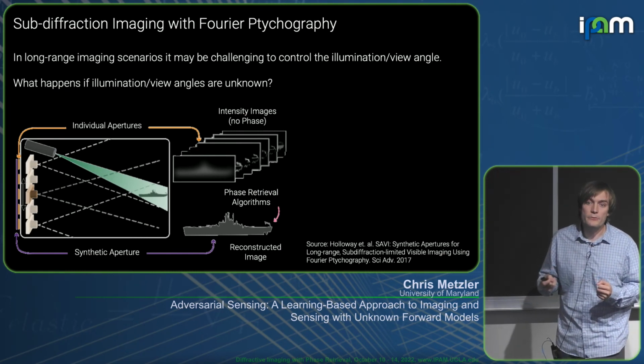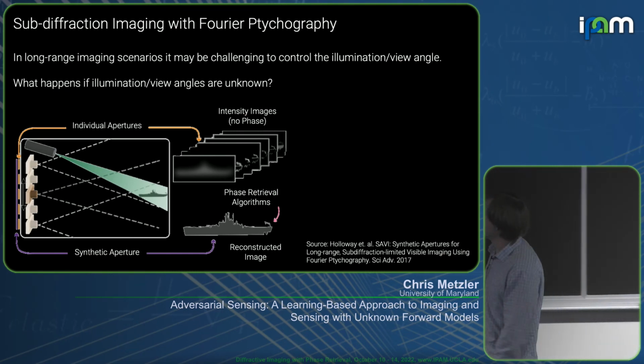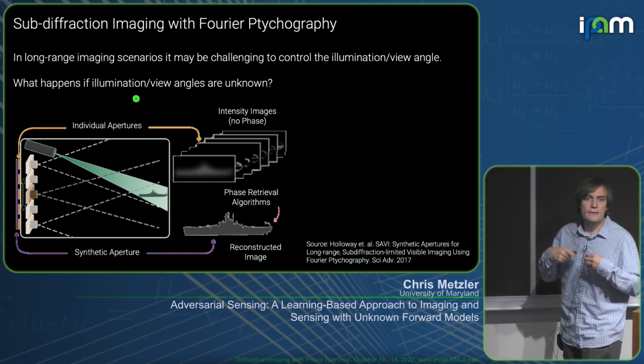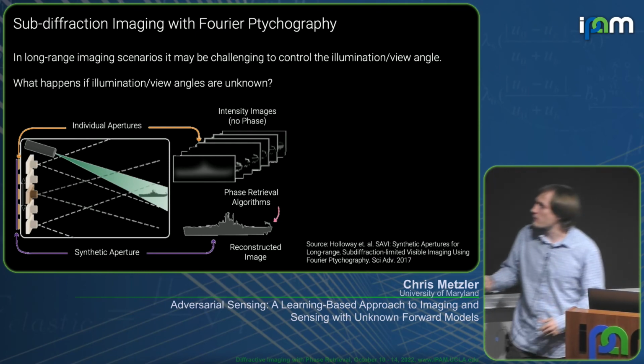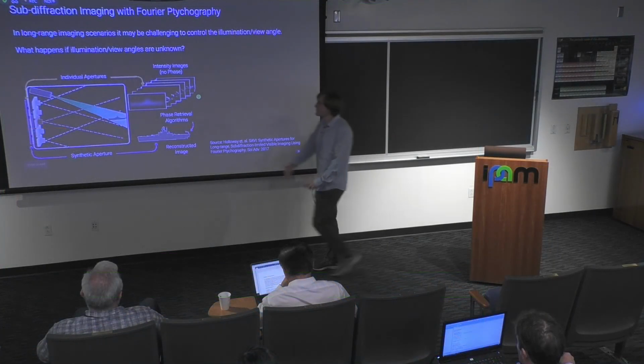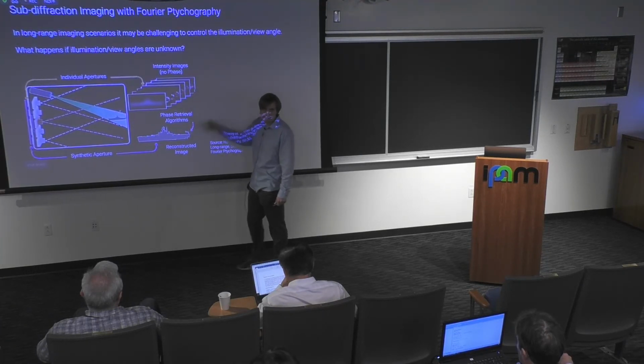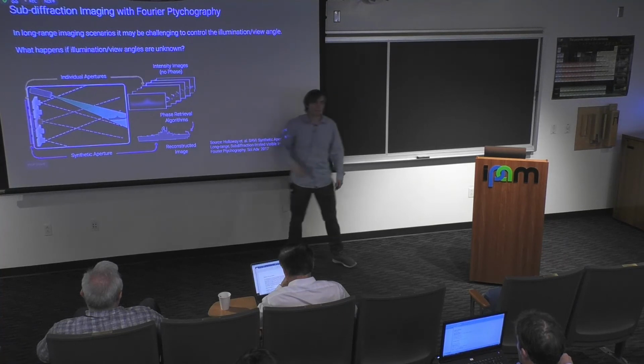You might not have a cooperative illumination source. So what we asked is, what happens if the view angles are unknown? Traditionally we assume here's the sequence of bandpass filtered images, and we know the pass band associated with each. What if we don't know this pass band?